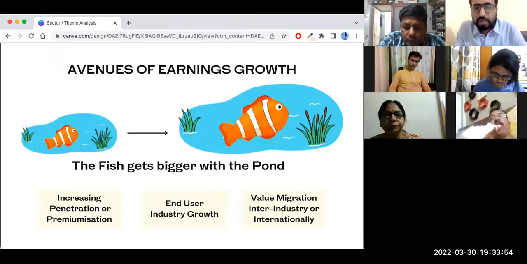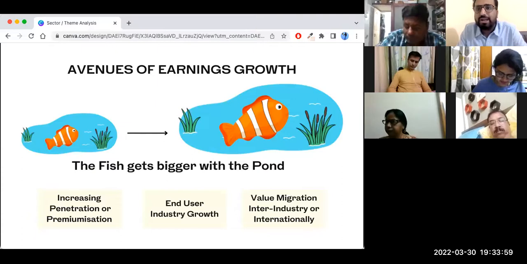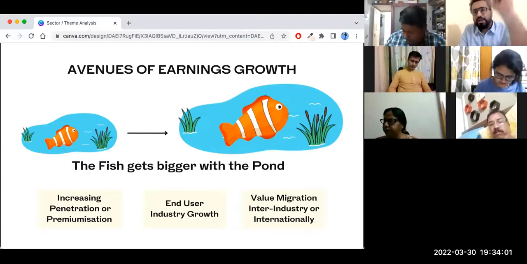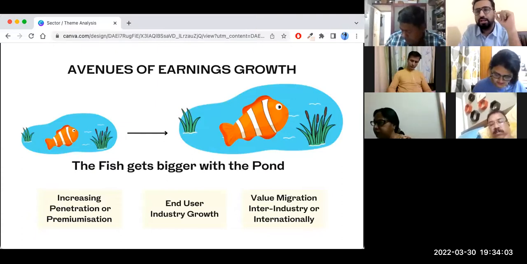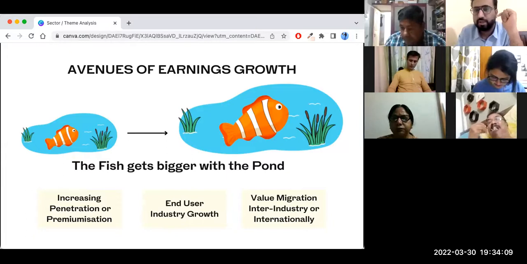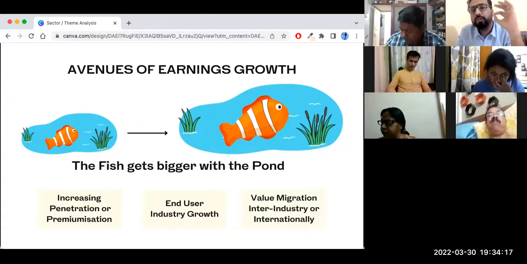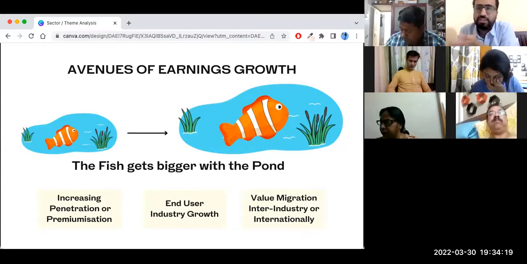All right. Now the third part is value migration, inter-industry or internationally. Value migration is a concept which I've explained in the masterclass also. I'll give a very brief definition here because I'll cover value migration in detail as well. Value migration only means shifting of demand from one set of companies to a newer set of companies.